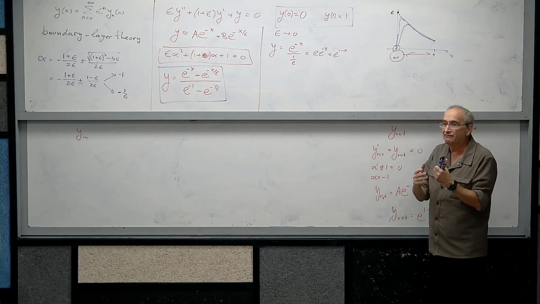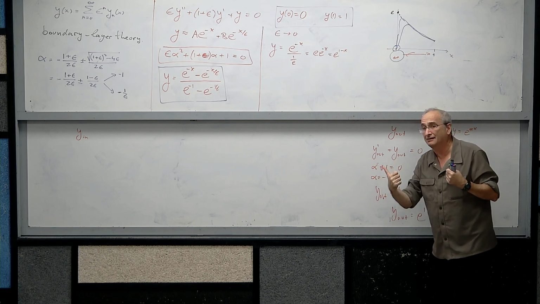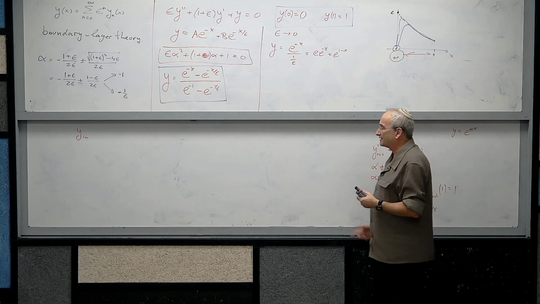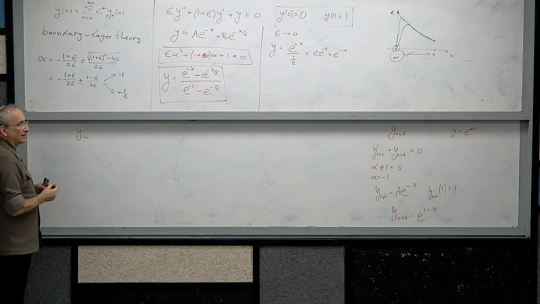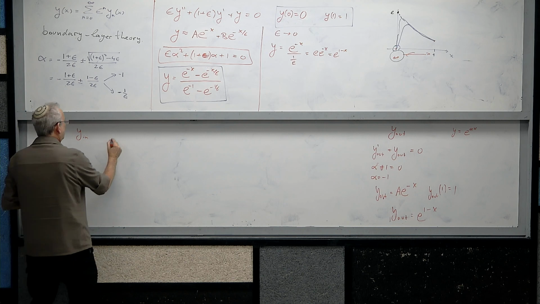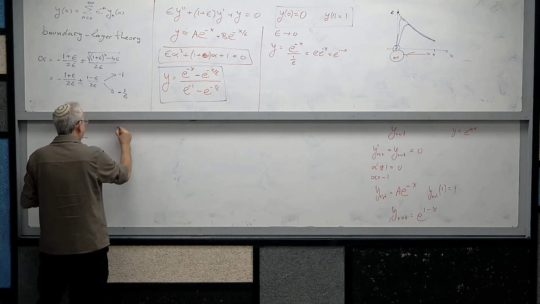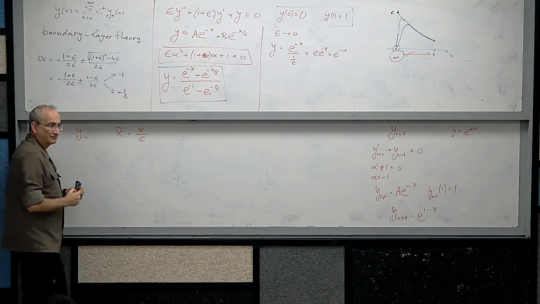So we have two small parameters in the problem. One of them is epsilon, and another is x, which is even smaller than epsilon. So what should I do? The trick here, we will elaborate on later, but for the moment, I would like to write the same equation in terms of x tilde, which is x over epsilon.